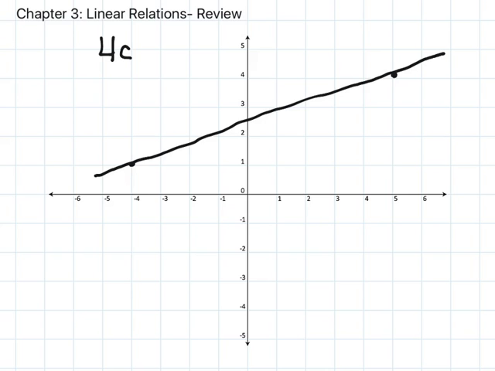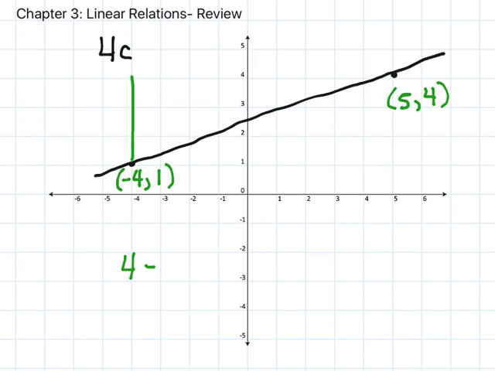So for question 4c, again you're given a graph that looks like this one with 2 points on it. This one is -4 and 1, and this one is 5 and 4. So rise is going to be from 1 up to 4.